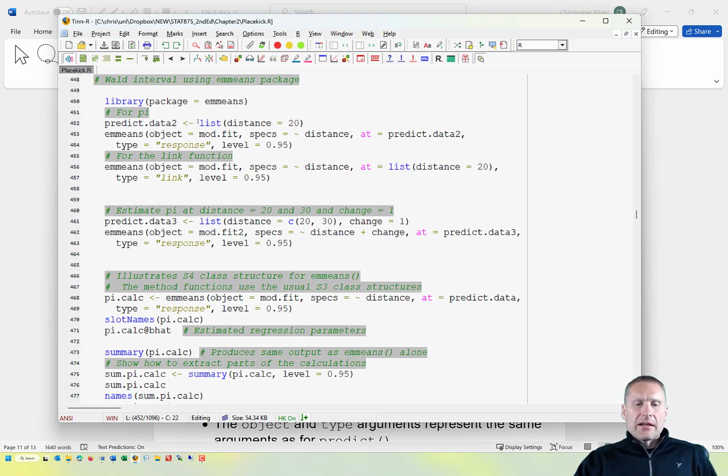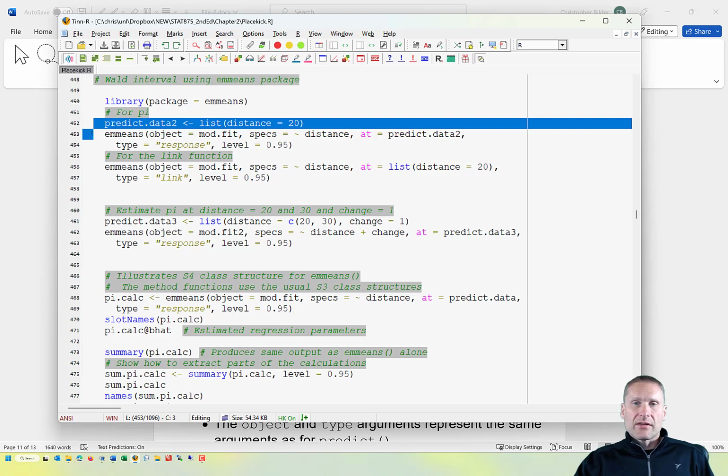Instead, I'm going to use a more general format, and you'll see why I do this and why emmeans expects you to do this shortly. I'm going to use a list function, list distance equal 20. Remember how a data frame is a special case of a list? So that gives you some connection of why this is done. So I'm going to say predict.data2 gets a list that has distance equal 20 in it.